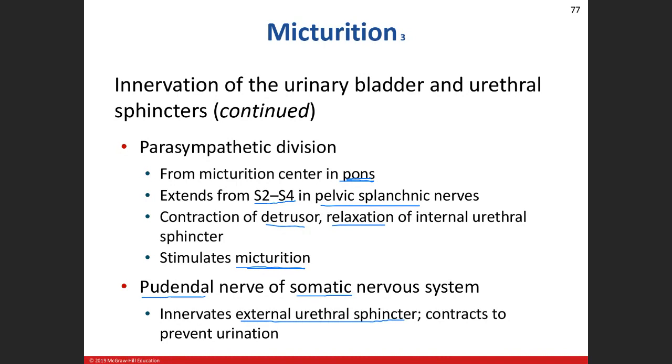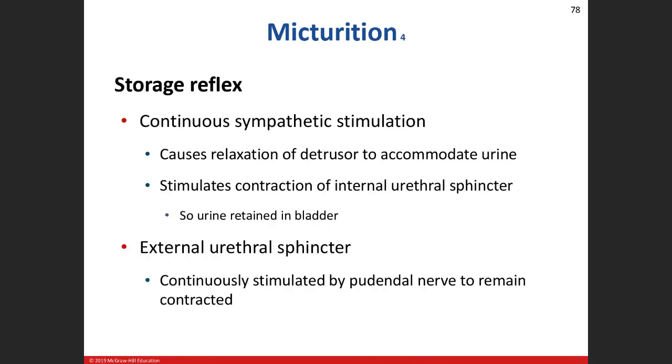So let's break it down real quick. We're almost done. Remember what I said: when we talk about micturition, there are two reflexes, the storage reflex and the actual micturition reflex. The storage reflex is constantly going on. You know how we talked about vasomotor tone for your blood vessels, how the sympathetic nervous system is always releasing neurotransmitter onto the blood vessels to keep them partially constricted?